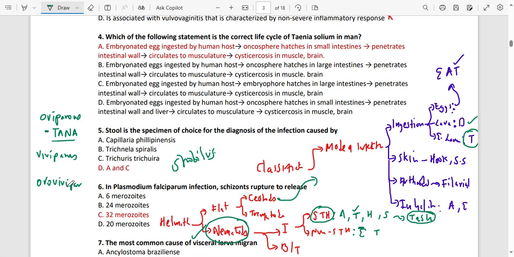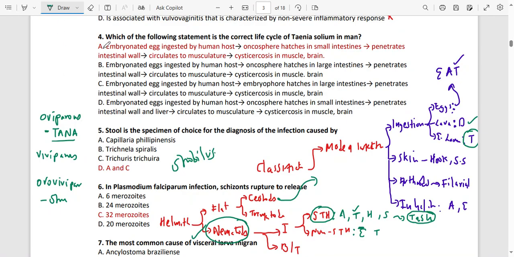You only have one that you need to know here, which is Strongyloides. So if you know that Strongyloides is ovoviviparous and TANA is oviparous, the rest of the worms are going to be viviparous. They are going to lay not eggs, but larvae. Okay, basically that.